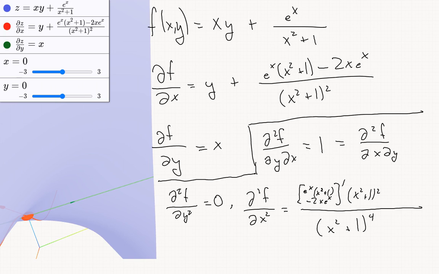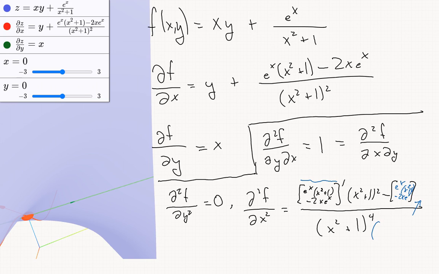Here you'd use the product rule to find whatever ungodly expression that is, and then minus that same expression, e to the x squared plus 1 minus 2x e to the x, but now without a derivative. And then the derivative of x squared plus 1 squared will be, this is getting horrible.